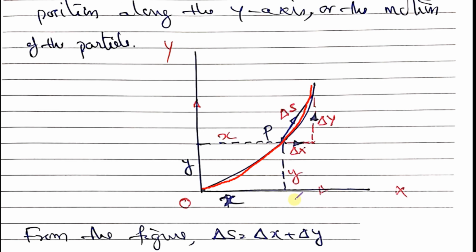We are considering a particular point P here. Its projection on the x-axis gives this distance x, and on the y-axis gives y.